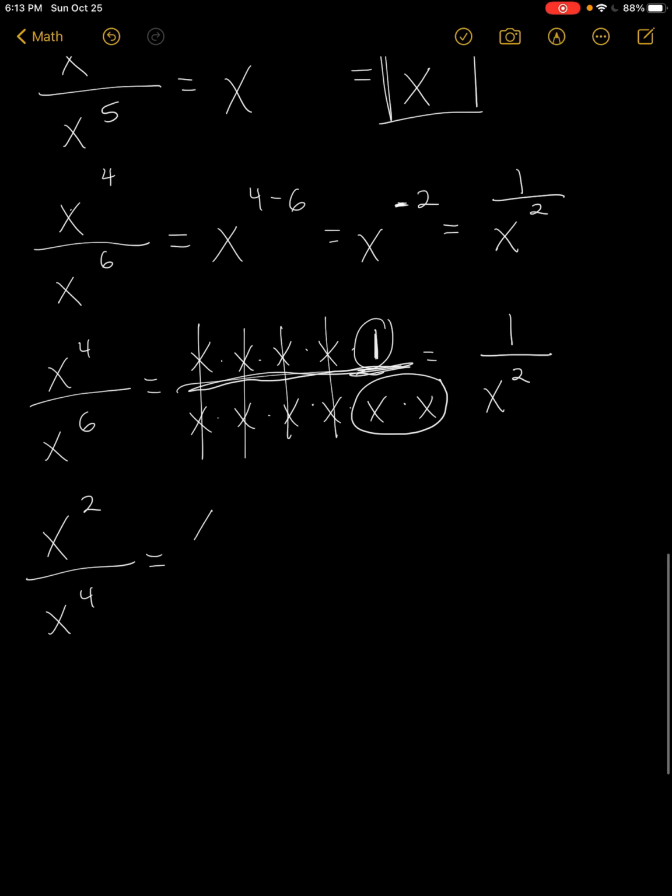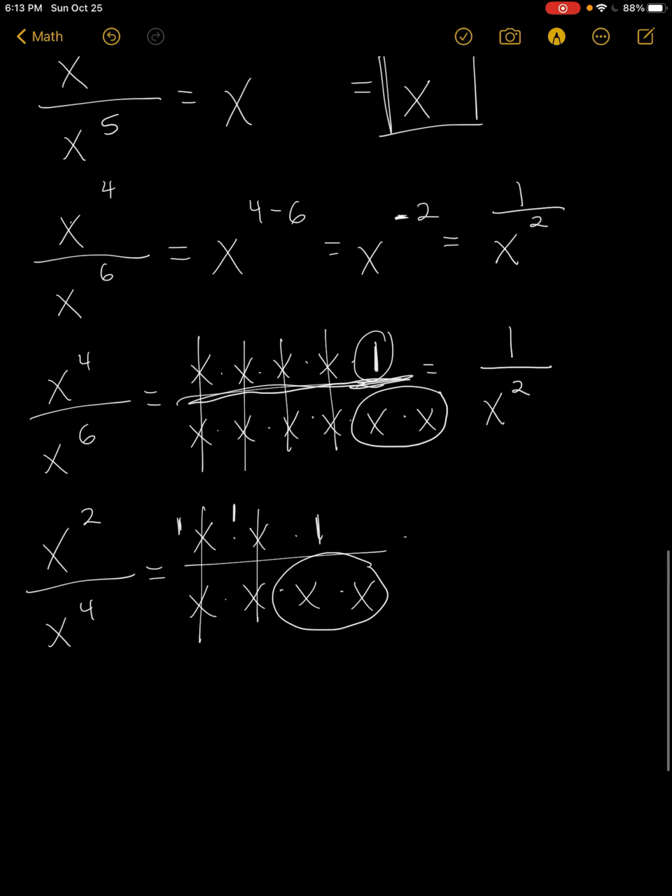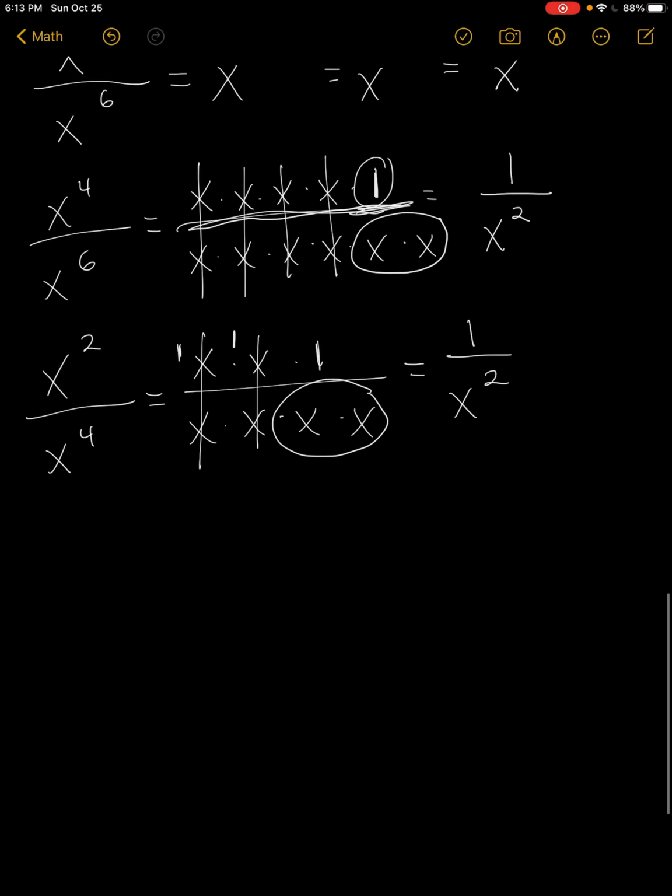Right, if I were going to do 2 minus 4, I'd get negative 2 again, right? If I were going to write it out, don't forget there's that 1. Or if you just remember these are all becoming 1s, right? Then you won't forget that there's a 1 on the top. Right, 1 over x squared.